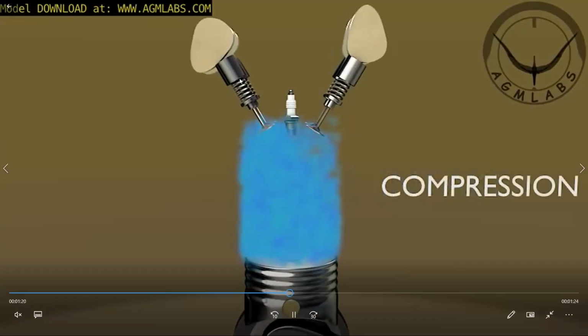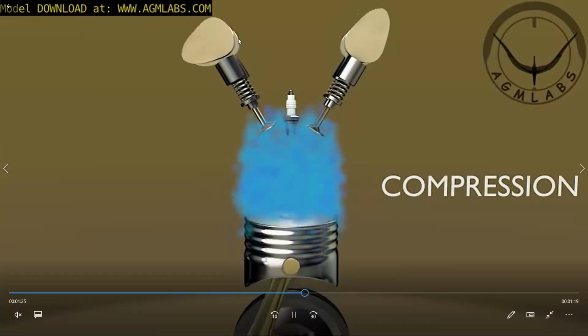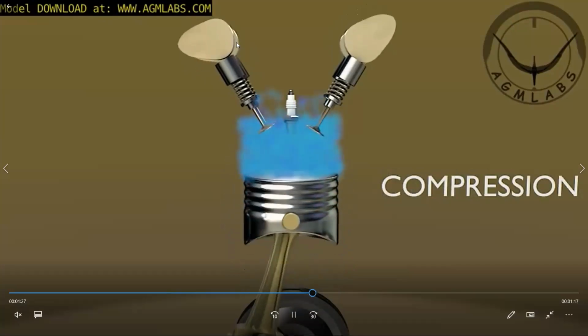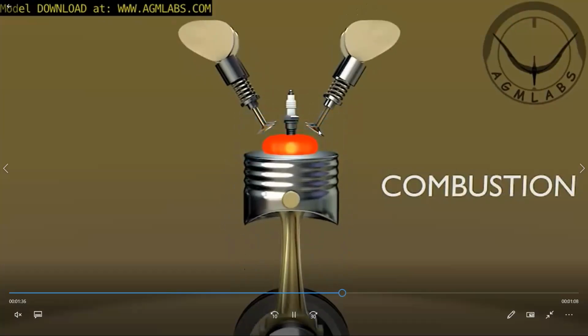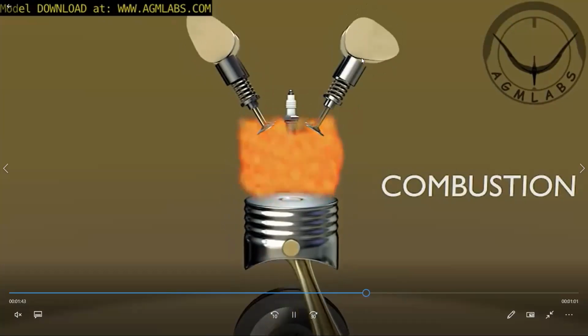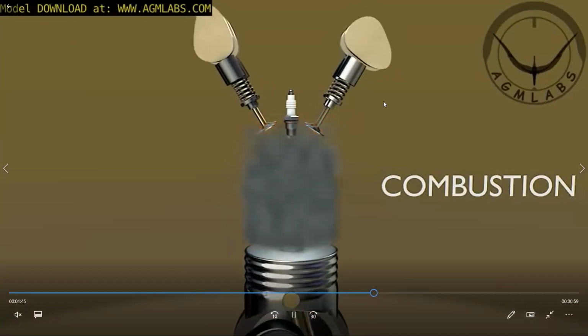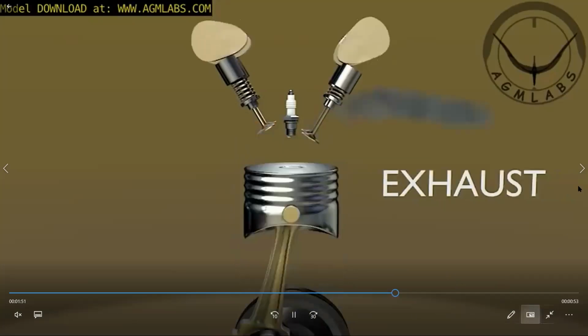Then it gets closed because of the shape of the cam, and after it gets expanded, when the gases have to go out, the exhaust valve will open, which will be operated from this cam. So I hope that you get the application.